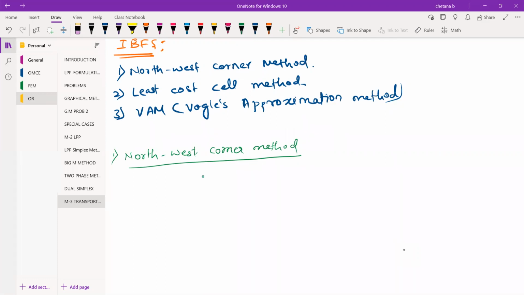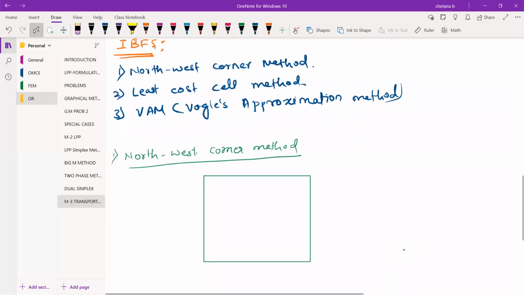There is the problem which is given here.